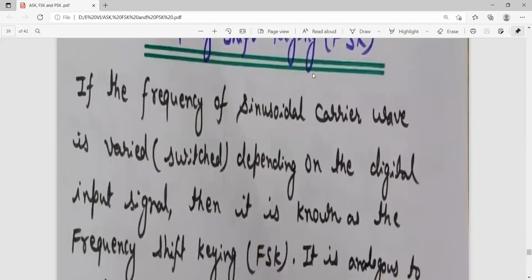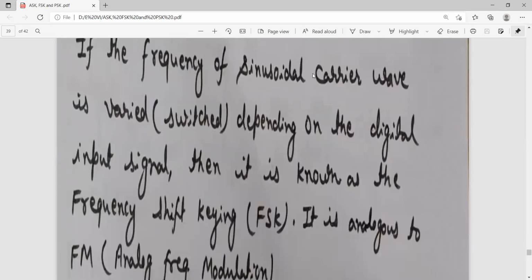Now coming to frequency shift keying. If the frequency of the sinusoidal carrier wave is varied, that is switched, depending on the digital input signal, then it is known as frequency shift keying.